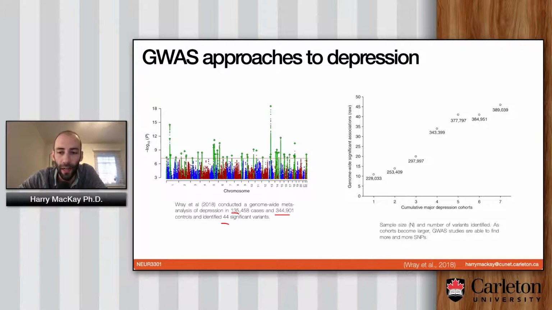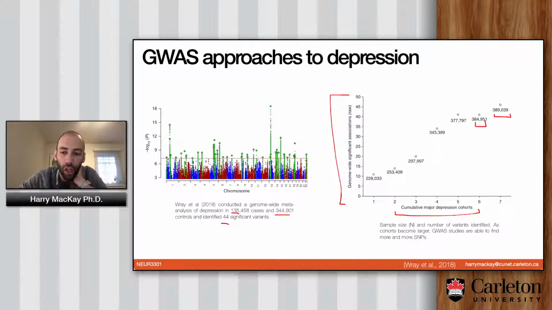The thing I will bring up is that the GWAS field isn't quite done yet, although I think the benefits are beginning to trail off. Here is a plot given by the authors of this paper, where on the x-axis they have the number of cohorts that they've studied, and the overall sample size is given by these numbers. On the y-axis they have the number of variants that they find significantly associated with depression.